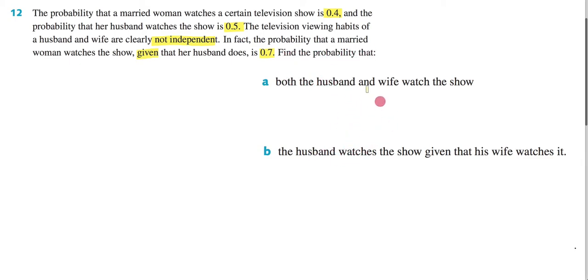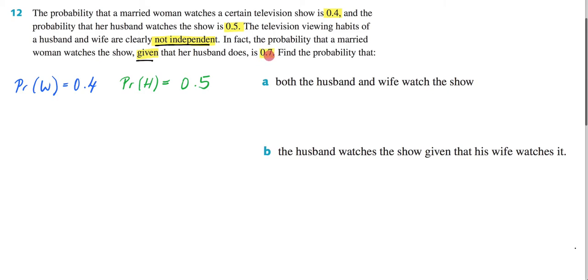But before we launch into these, let's just analyze this a bit more. Firstly, I saw the word given, and I'm clearly told that they're not independent. So immediately, I'm thinking of conditional probability. I'm also given these two probabilities: the probability that the wife is going to watch her show is 0.4, and the probability that the husband is going to watch his show is 0.5.